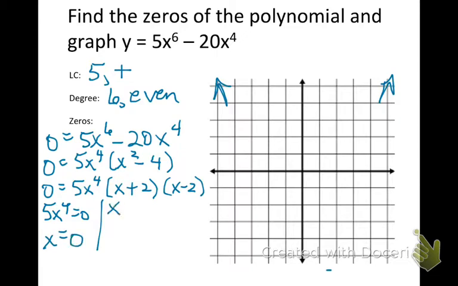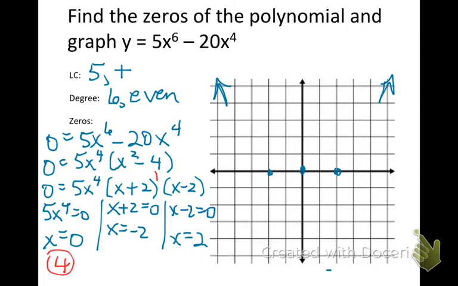And then we can set each of those equal to 0 and solve. So that will be 0. This will be negative 2. And x minus 2 equals 0. This will be 2. So we can plot those at 0, negative 2, and 2. We can see that this has a multiplicity of 4. I'm just going to write it in red.